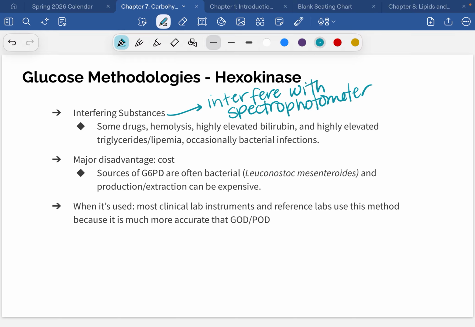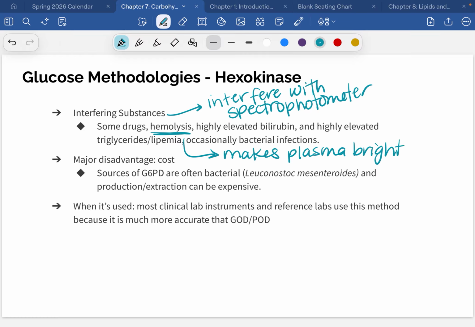But anything that interferes with the movement of light, or anything that has a very highly pigmented something is going to interfere. So what I mean here is some drugs, we'll skip that for now, but hemolysis. What hemolysis does is it makes the plasma bright red.